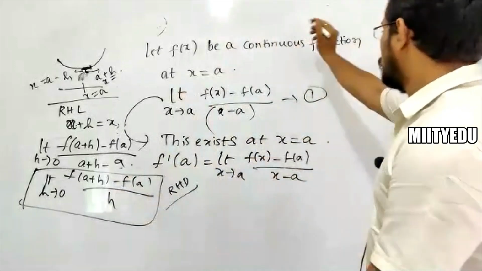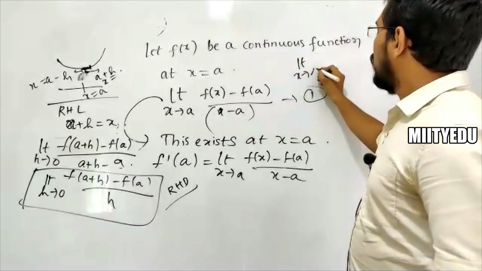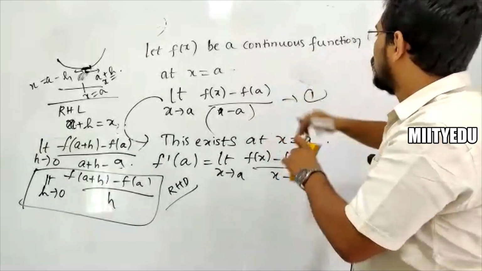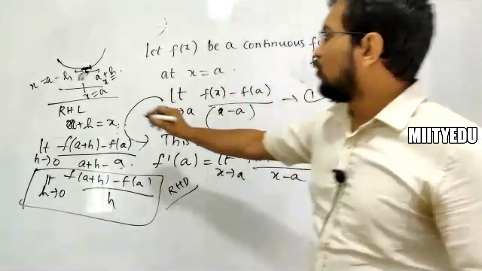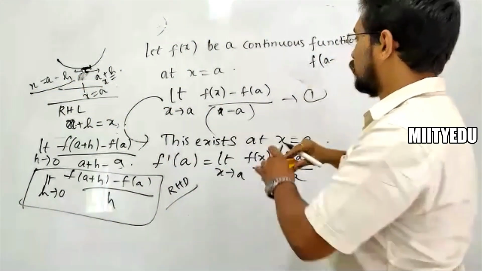Very simple. So, again, I'll write it as limit, or I'll write something like f of, now x is nothing but a minus h. I write it as this is a minus h.